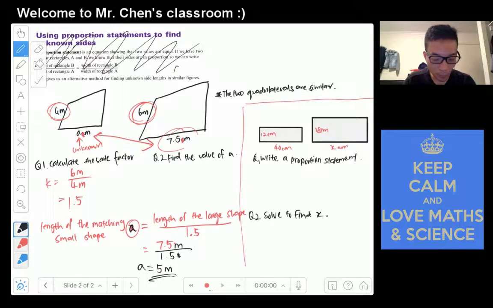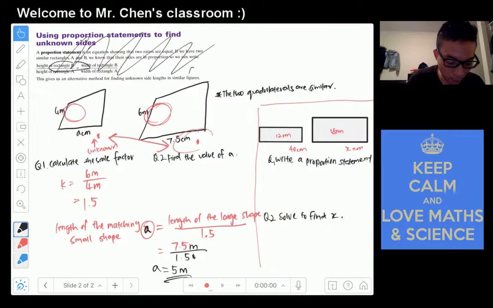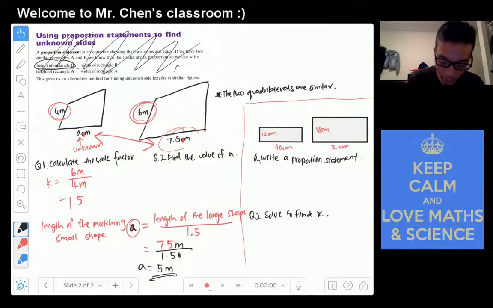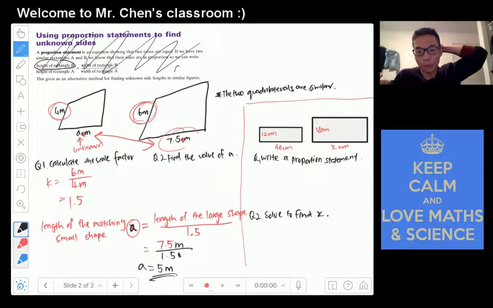So on rectangles, the height of rectangle B divided by the height of rectangle A equals the width of rectangle B over the width of rectangle A. It doesn't matter which way you go, whether you pick A or B, it shouldn't matter.